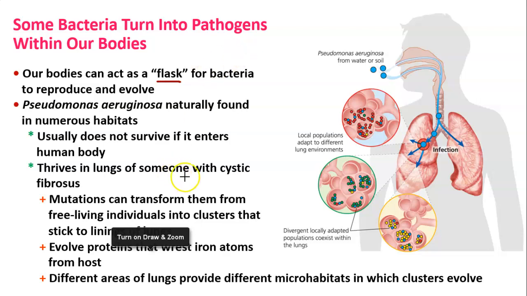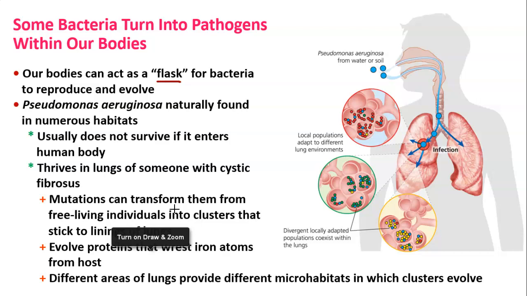And what we know, what we observe, what we have seen is that mutations can transform these bacteria from free-living individuals that are harmless into clusters that stick to the linings of the lungs and turn pathogenic. In fact, in numerous cases with individuals with cystic fibrosis, the bacteria evolve proteins that wrest or take iron atoms from their host.